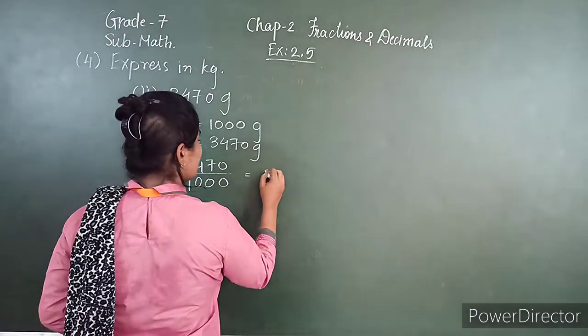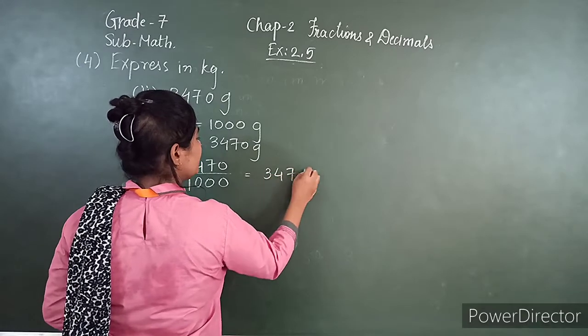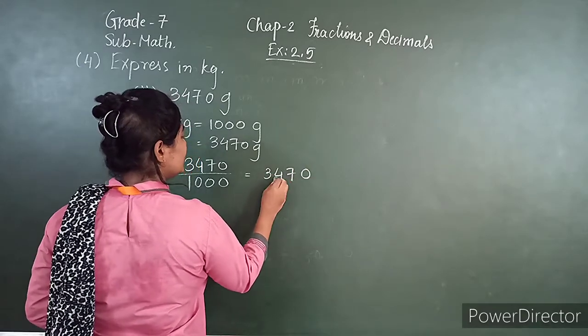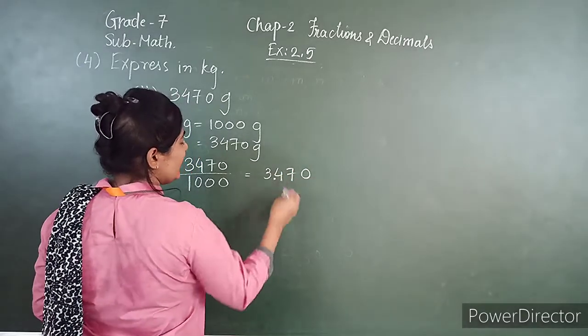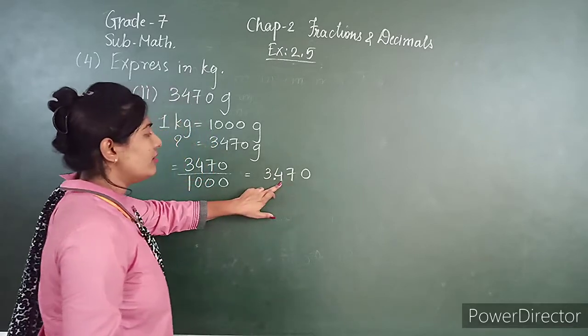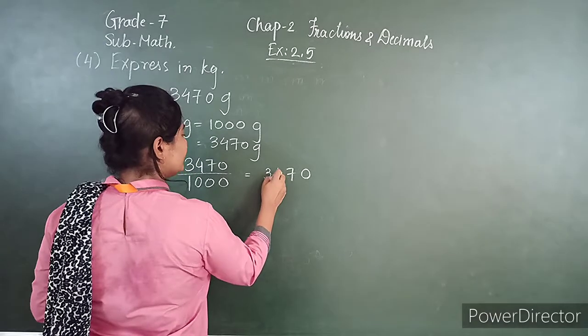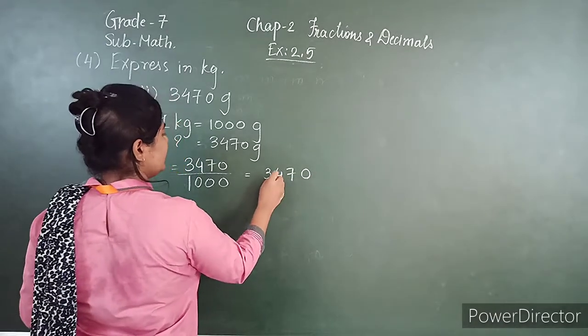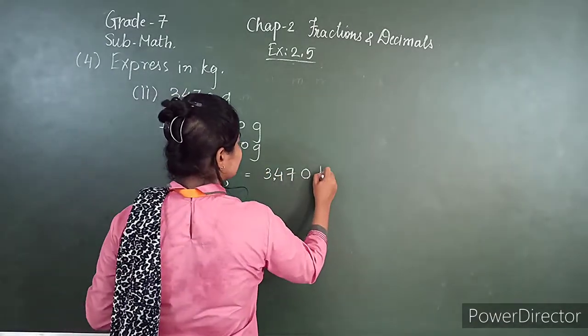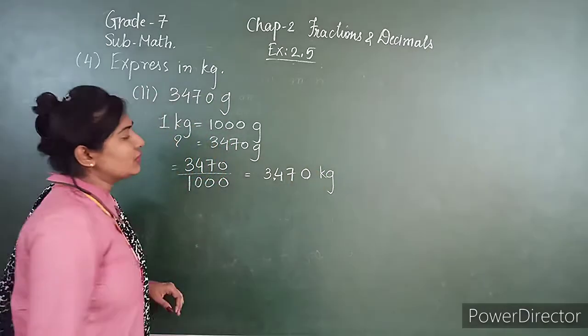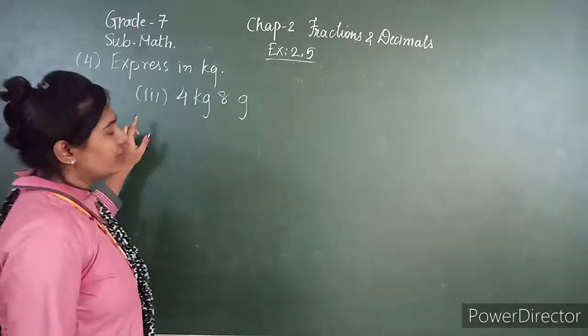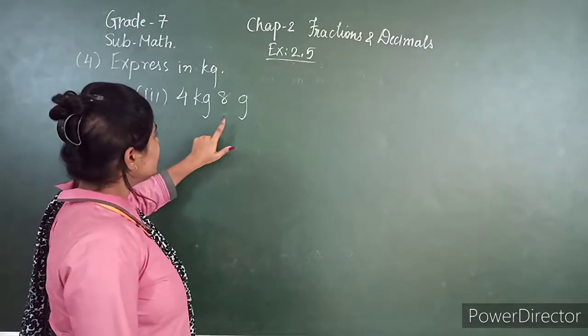So we have to put point before 1, 2 and 3 number. We have to count the number from behind. So 1, 2, 3 we have to put point over here. So it is 3.470 kg.